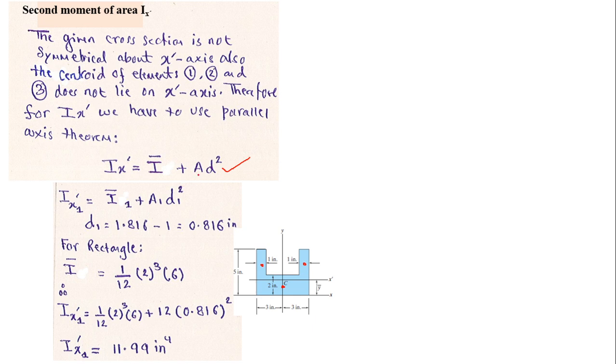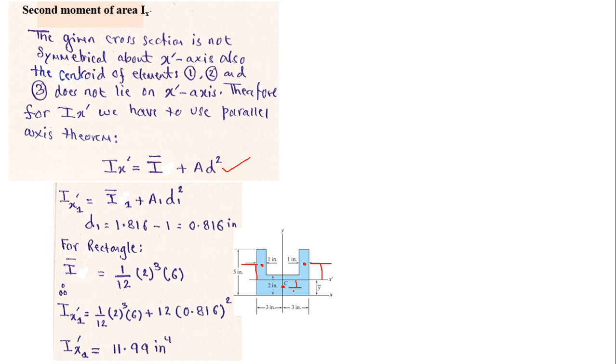A is the area of the individual constituent, and D is the distance between the parallel axes. You have a distance defined between the centroid of this element and x dash, a distance defined between the centroid of this shape and x dash, and a perpendicular distance defined between the centroid of this third rectangle and the x dash axis.